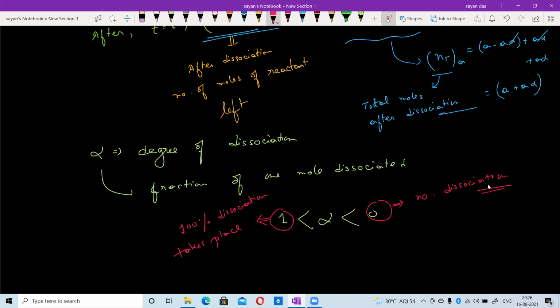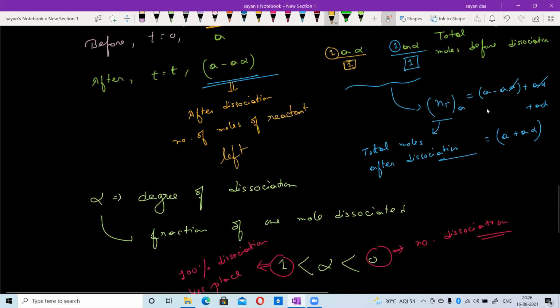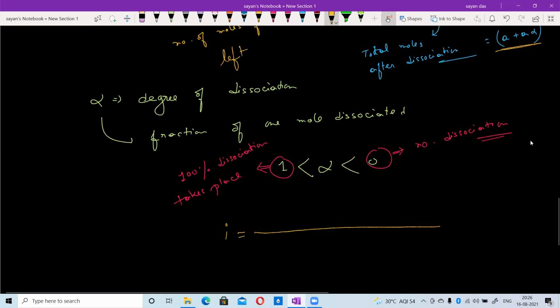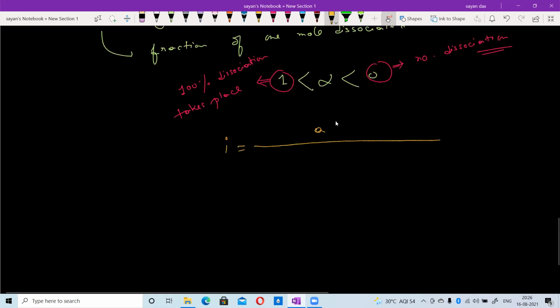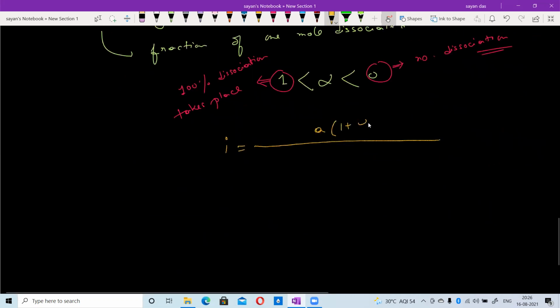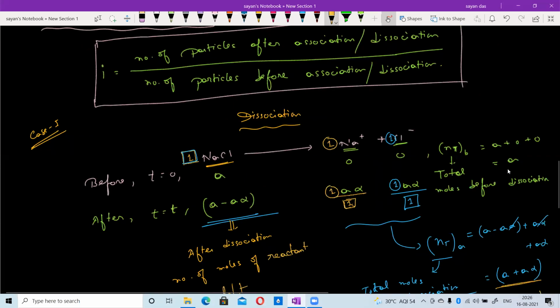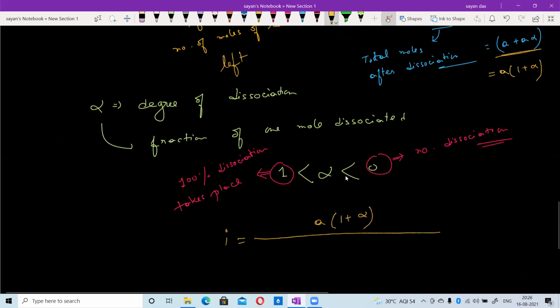Okay. Now, how can you find the i value? What is the Van 't Hoff factor? The Van 't Hoff factor is total moles present after dissociation, that is a plus a alpha, divided by total moles before dissociation, which is a.